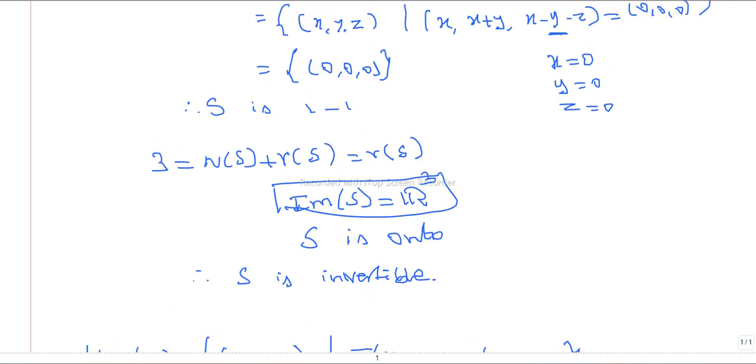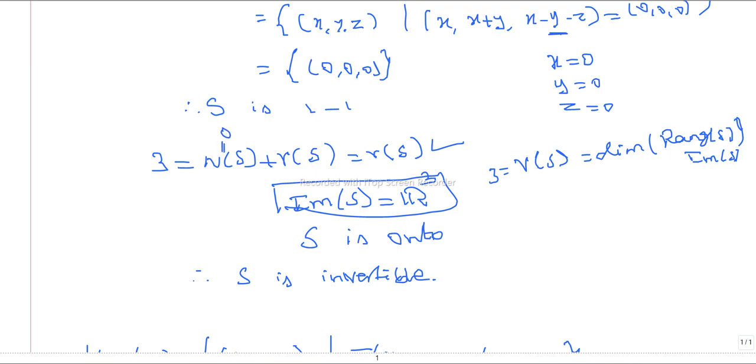By the rank nullity theorem, the rank is 3, right? What is the rank of S? It is the dimension of the range space, which is sometimes called the image of the space. Here we showed the rank is 3 by the rank nullity theorem, because the kernel is 0, therefore the nullity is 0.